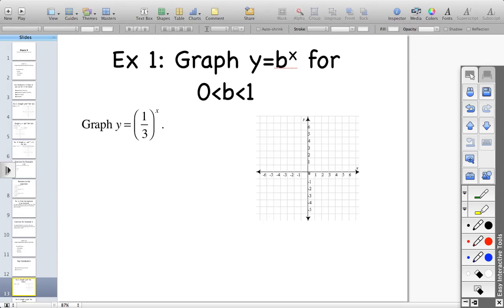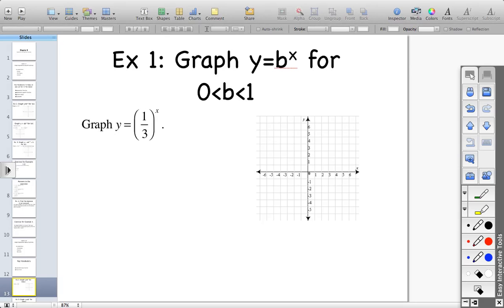If it's between 0 and 1, then it's going to represent a decay function. Of course, b has to be positive. So for values that are between 0 and 1, those are decay functions. For values of b being greater than 1, those are growth functions.